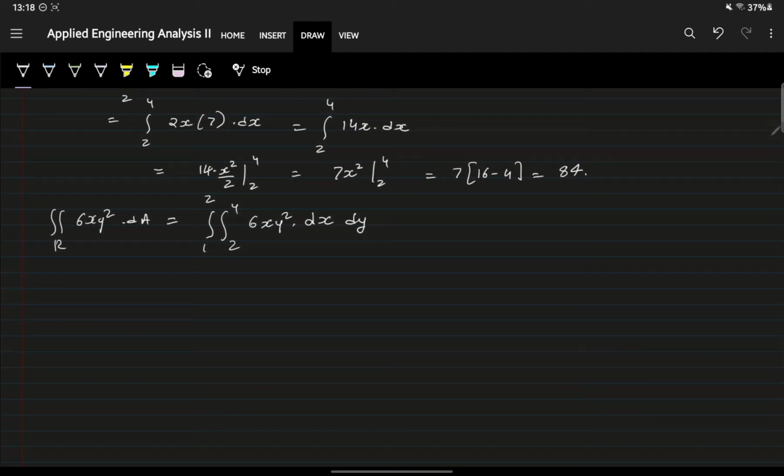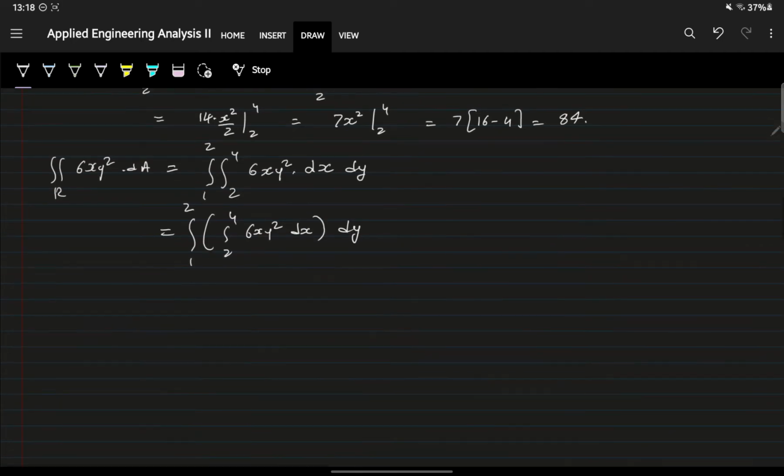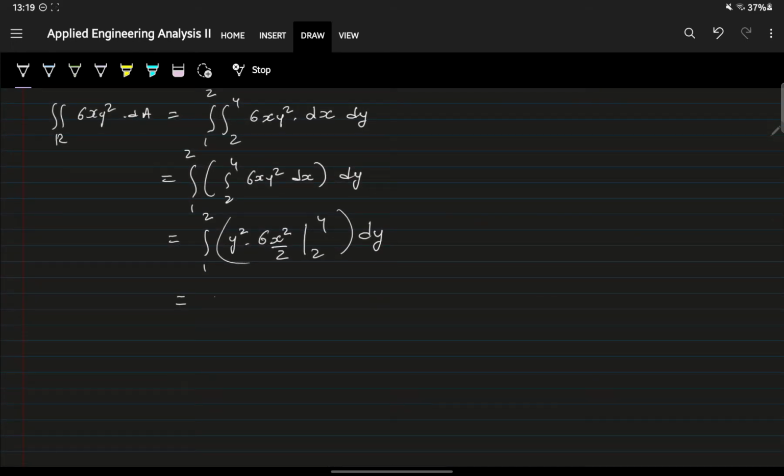So now if we solve this, here we need to keep y as a constant, so it becomes 6 times x square by 2, between 2 and 4, and the entire thing lies between 1 and 2 for dy.